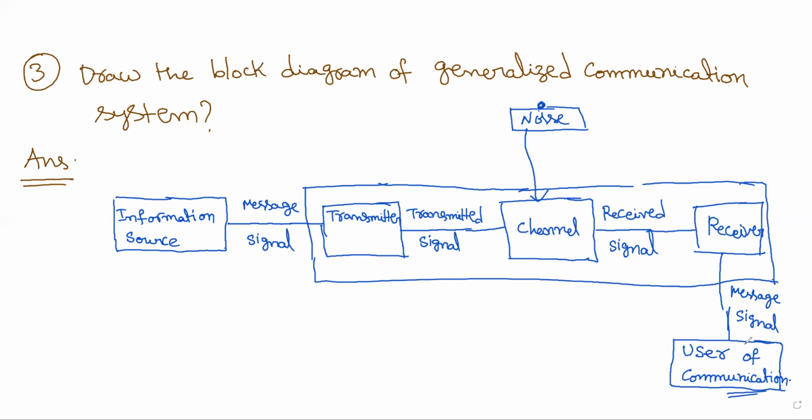This is how the block diagram of a generalized communication system will be. At this part, this block is our communication system. I hope you are clear how to write this block diagram.